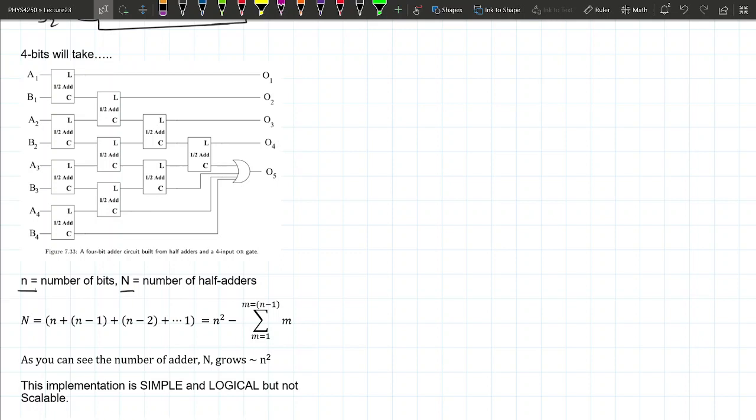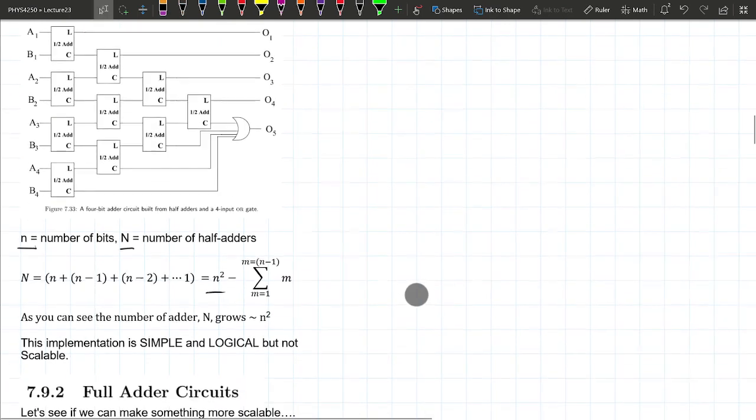So the number of half adders you need grows as n squared. If you're dealing with 4 bits, it's going to be 16 half adders minus a little bit of something. If you're dealing with 64-bit addition, it's 64 squared minus some number.